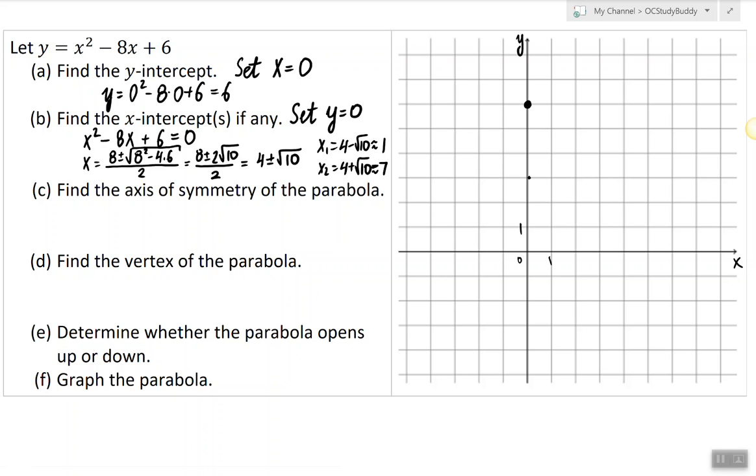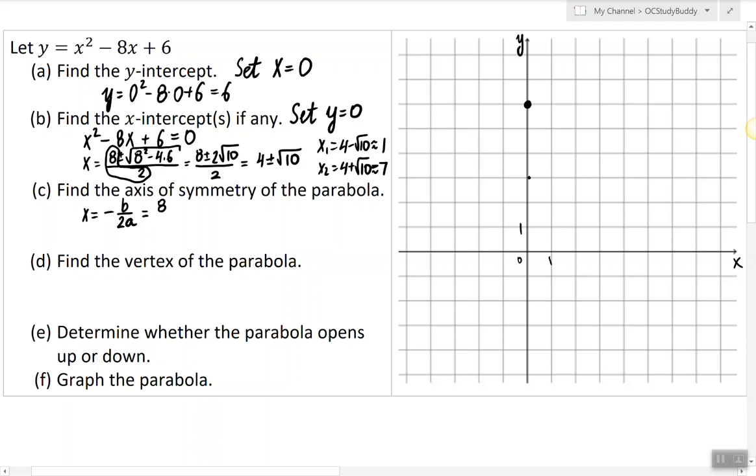So to find the axis of symmetry of the parabola, there is a formula that says that the axis of symmetry will have the following equation. It will be negative b over 2a. What is negative b over 2a? These are the same coefficients that we used in solving that quadratic equation earlier by using the quadratic formula. So basically the best way to remember this, negative b over 2a is just this part of the quadratic formula.